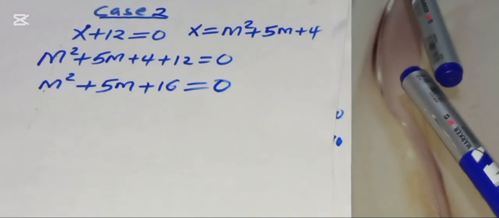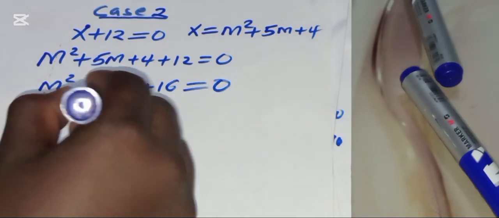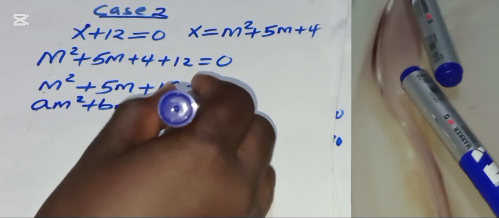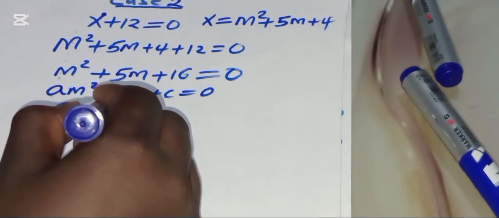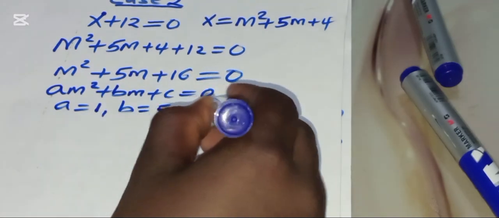Now from here, we can express this in the form of am squared plus bm plus c equal to 0, with a equal to 1, b equal to 5, and c equal to 16.